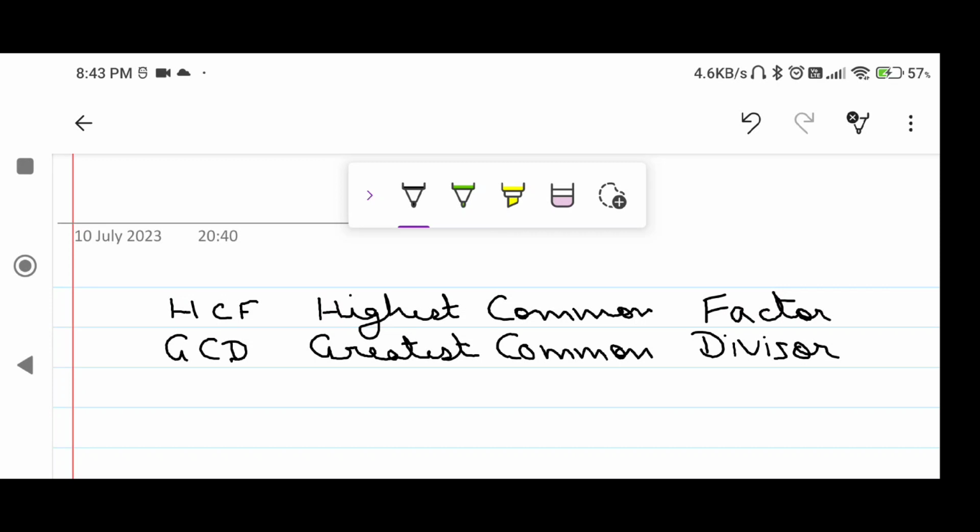It has another name, that is GCF, and the full form is greatest common factor.